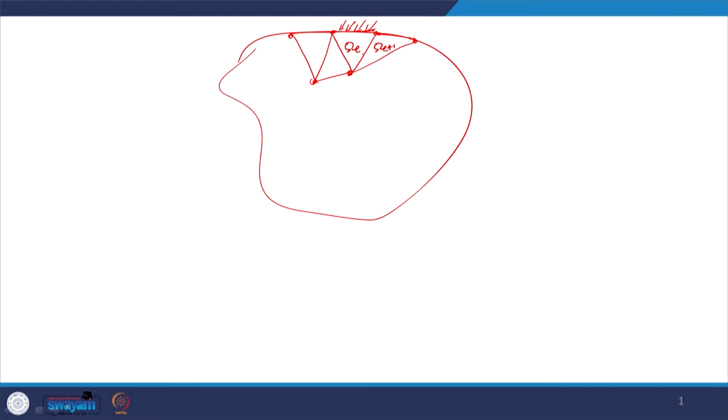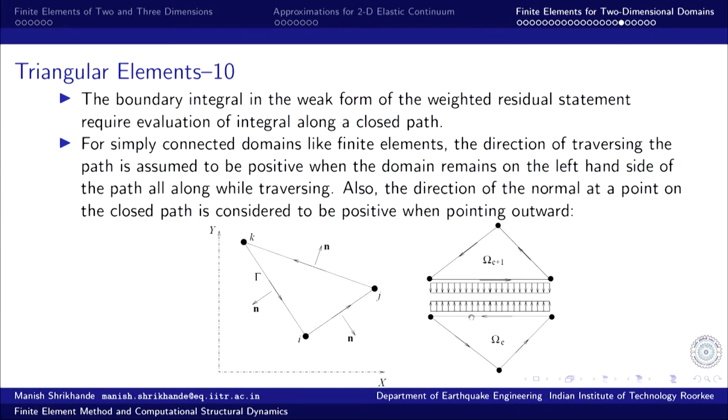So, let us look at the common boundary between omega e and omega e plus 1, and that is what is seen here. The boundary integral positive directions are all outward positive. Now, when a boundary is shared between two adjacent elements, these outward normal fluxes would cancel each other out, right.